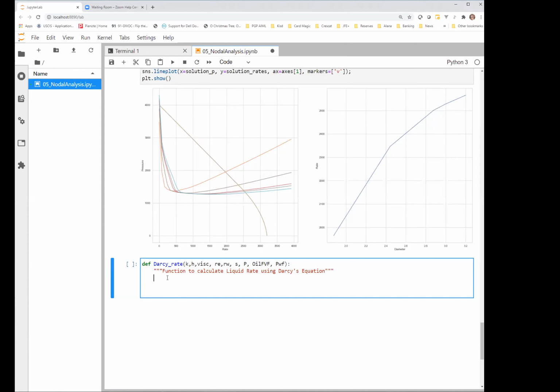Let's say Q equals, let's say, K times H divided by viscosity, times the delta P, which is P minus PWF.